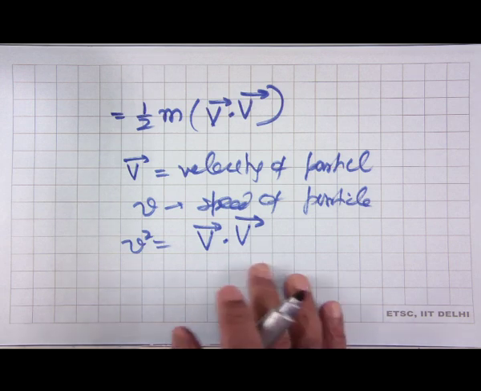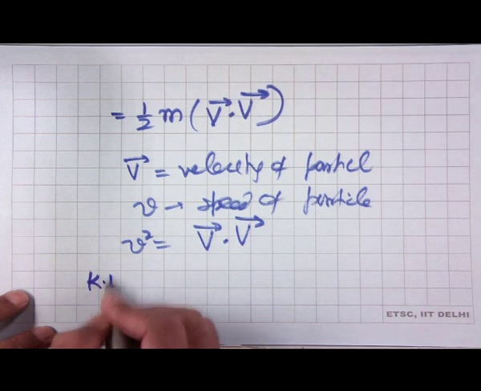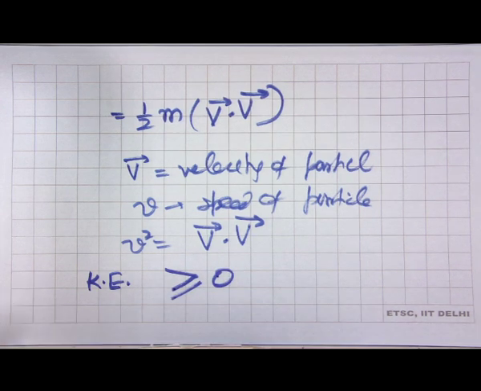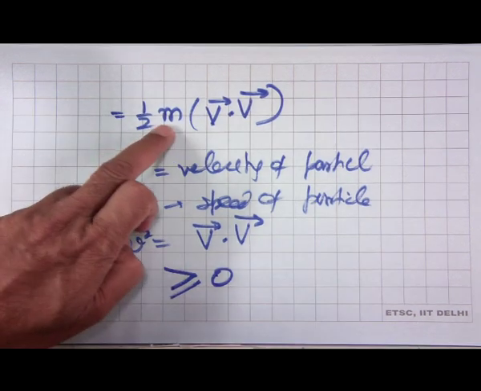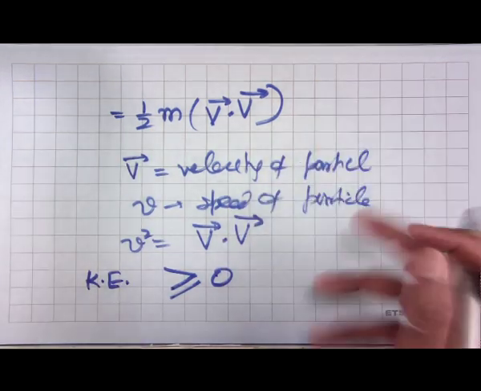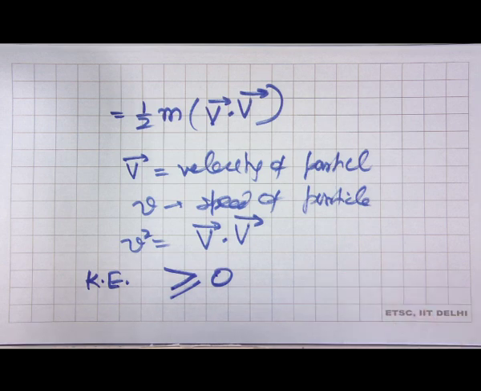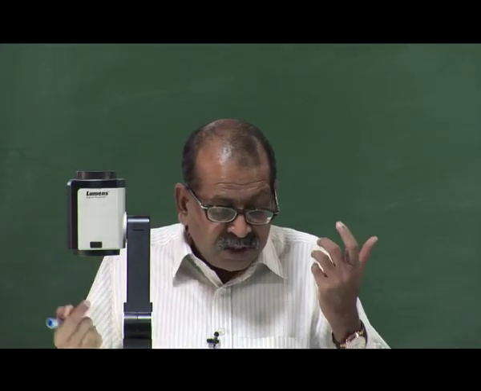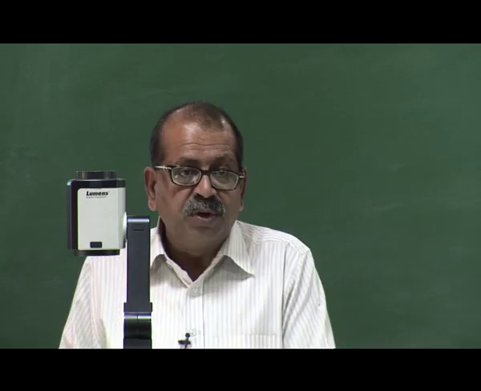Clearly from the definition, the kinetic energy of a body has to be greater than or equal to 0. If the mass of the body is negligible, then kinetic energy will be 0. If the speed is negligible, then kinetic energy will be 0. Otherwise, if the speed and the mass are not negligible, then kinetic energy has to be a positive quantity.